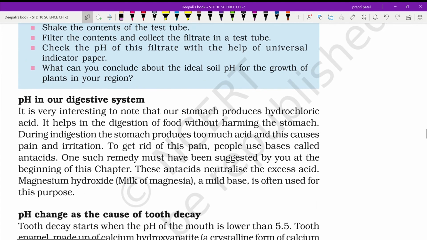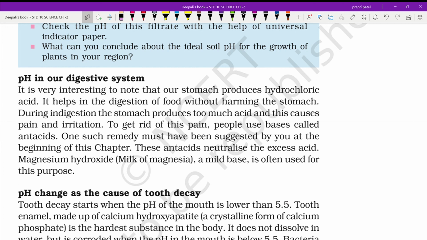Now let us see the importance of pH in the digestive system. It is very interesting to note that our stomach produces hydrochloric acid. It helps in digestion of food without harming the stomach. During indigestion, the stomach produces too much acid and this causes pain and irritation. To get rid of this pain, people use bases called antacids.